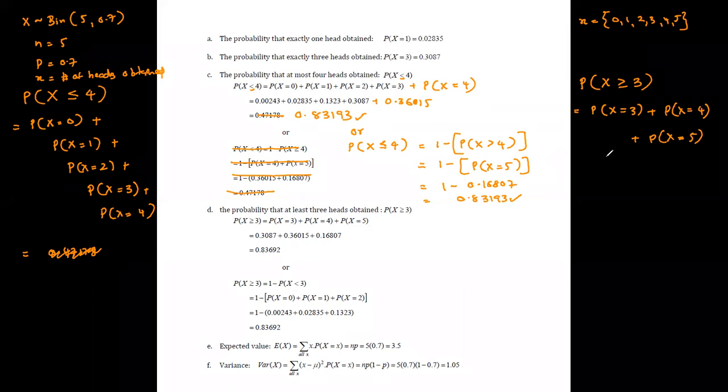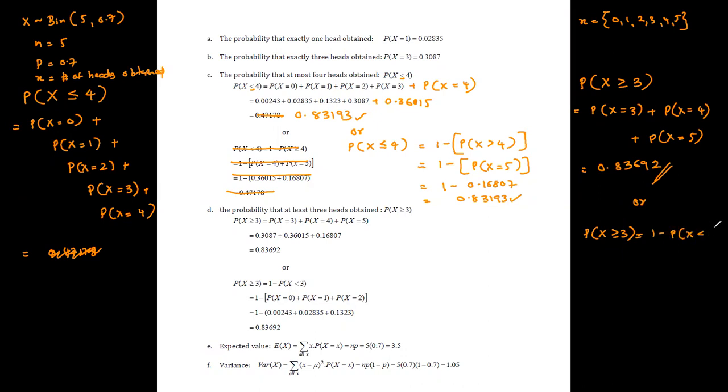Here we can see that this calculation leads us to a value of 0.83692. The addition of these three values gives 0.83692. Or else you can use the other way around as well. The probability of x greater than or equal to 3 equals 1 minus the probability of x less than 3.